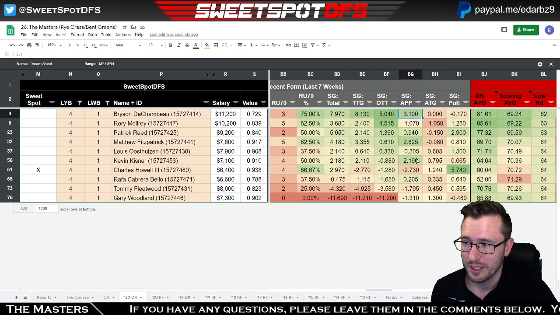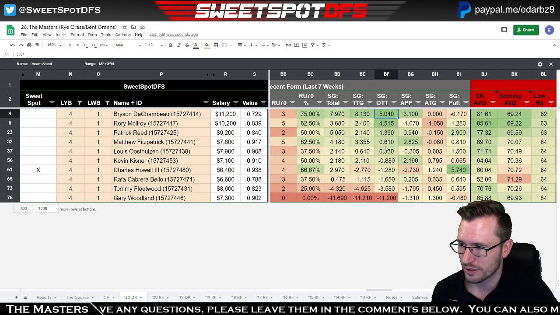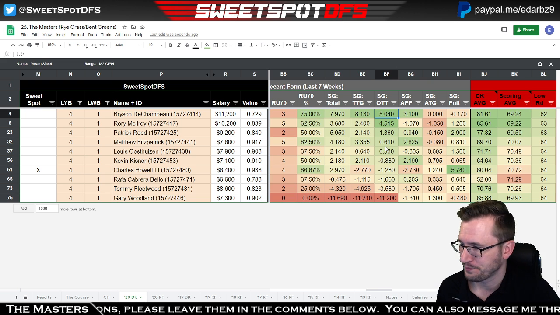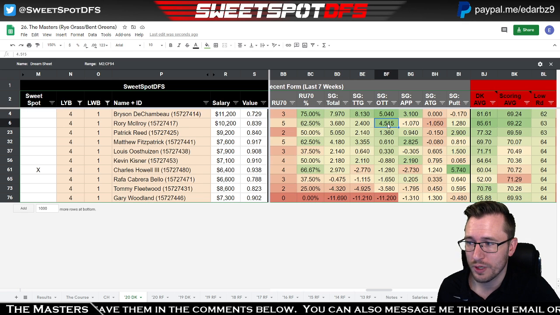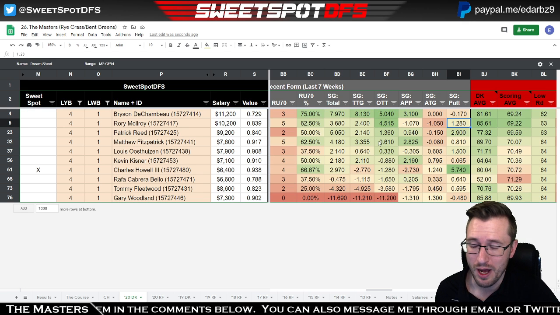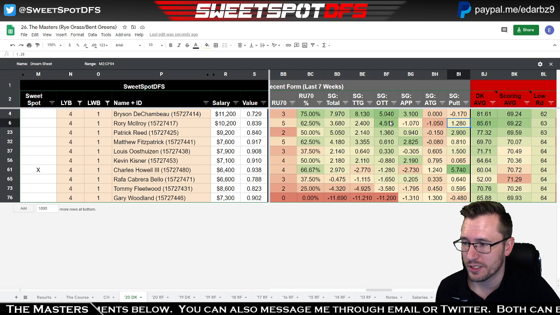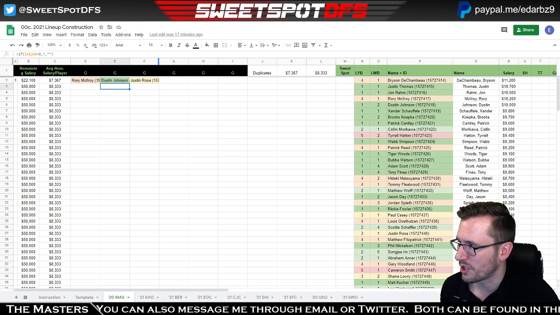So really, like Bryson, he has 5 strokes gained off the tee, and he has negative putting. And this is all recent stats. Rory has positive off the tee and positive putting. So if we wanted to start our positive negative, we can go ahead and start with Bryson.